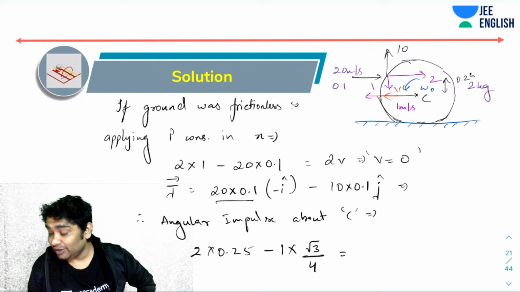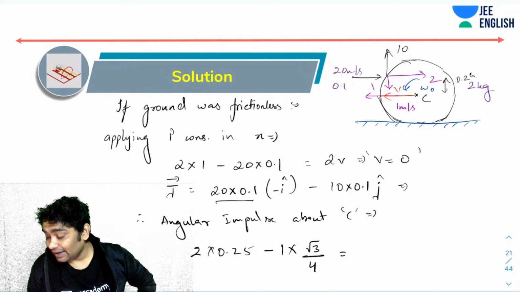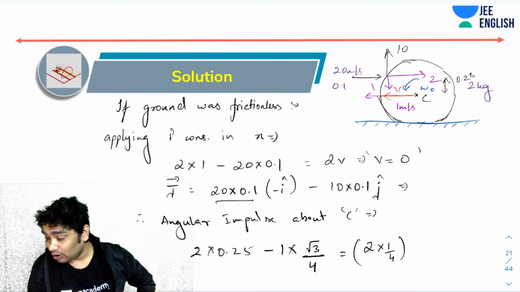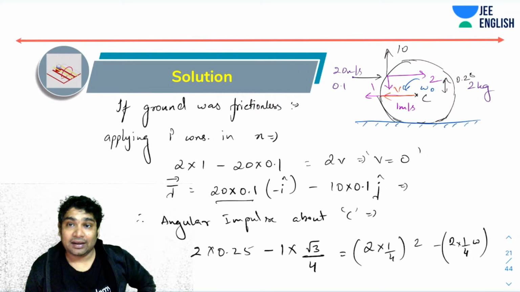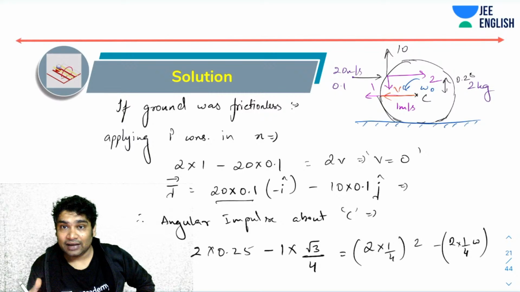And this should be equal to M R square, which would be 2 into R square, which would be 1 by 4, times omega naught. Omega naught again would have been V by R, so 2 minus M R square times omega. So angular impulse would be equal to change in angular momentum.